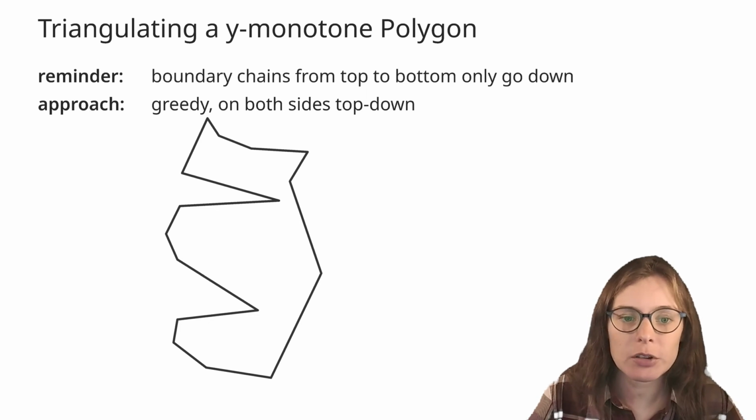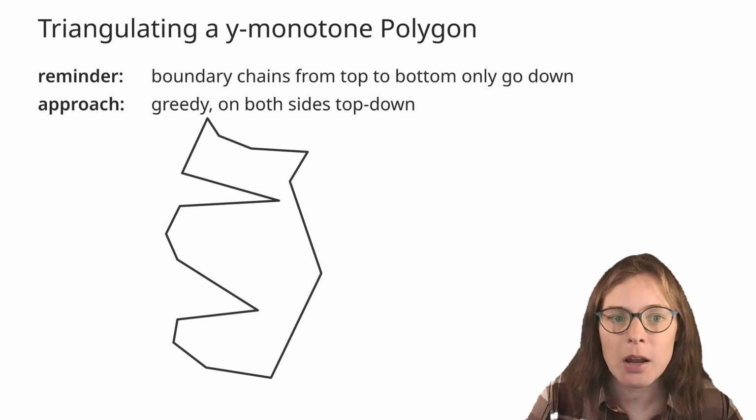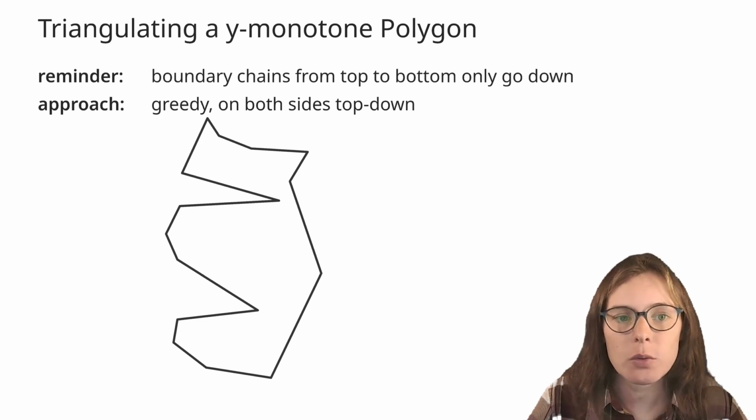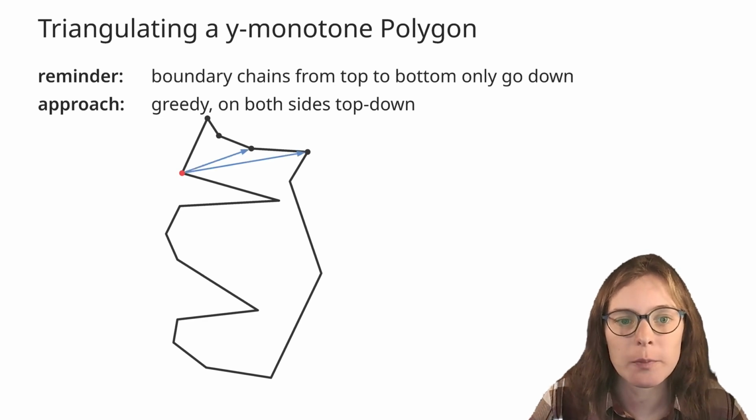The approach here to triangulate a y-monotone polygon is going to be greedy. We're just going to step from top to bottom and add the diagonals as we go. So let's start with the topmost vertex. Again, move down with a sweep line. And at the moment when we can insert diagonals to the previously covered vertices, we will do so.